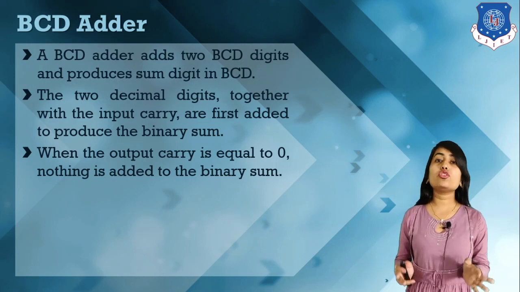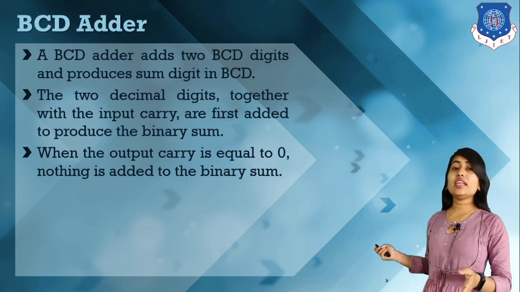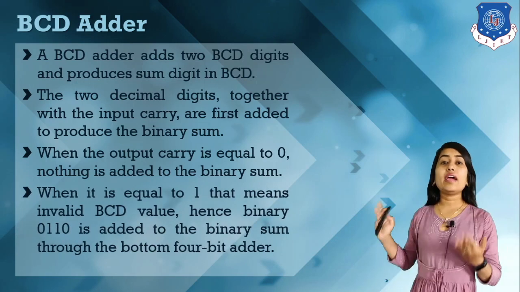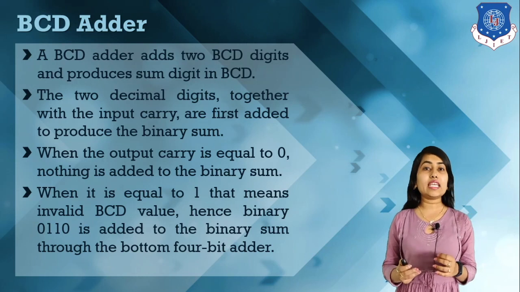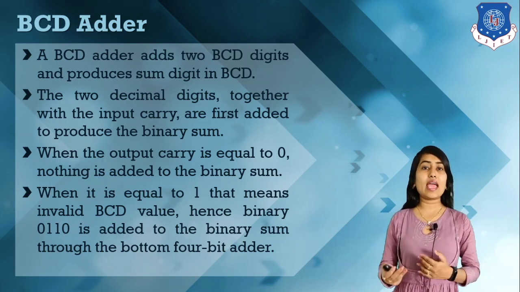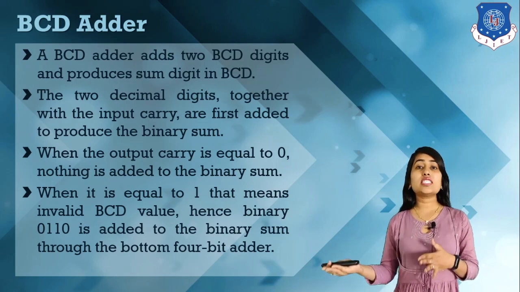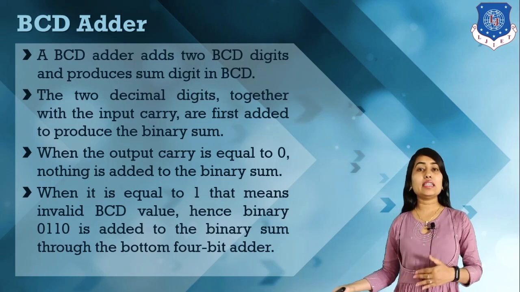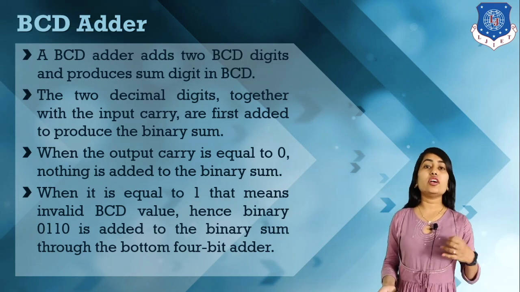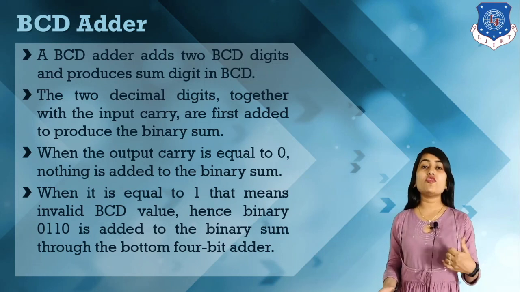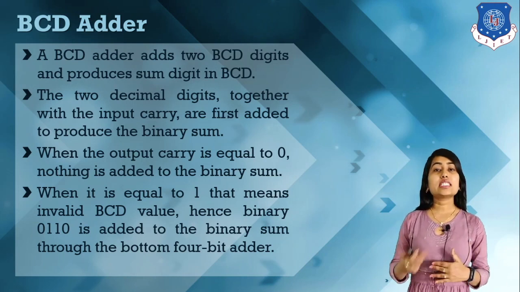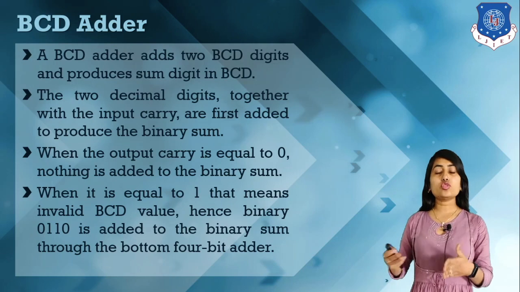We have to make the invalid binary sum valid, guided by the indication of the carry bits. So we can add 6 to our binary sum to make a valid BCD. If we have an invalid BCD code, we can add 6 to the binary sum to make it valid.